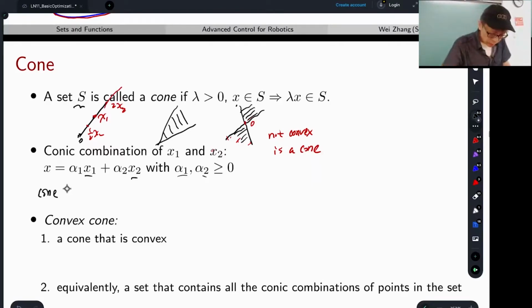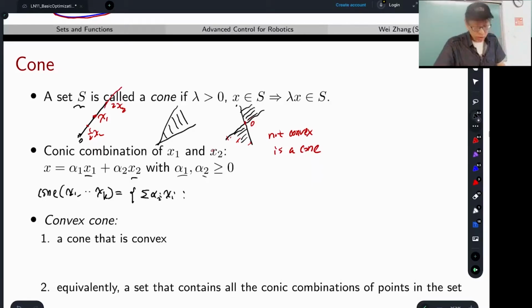If I have multiple points, x1 all the way to xk, then that will be nothing but the summation of alpha i xi. So all the points of the following form that can be written as the summation of alpha i xi, where alpha i is bigger or equal to 0, that's the conic combination. If I have these 2 points, let's say x1, x2, this is my 0.